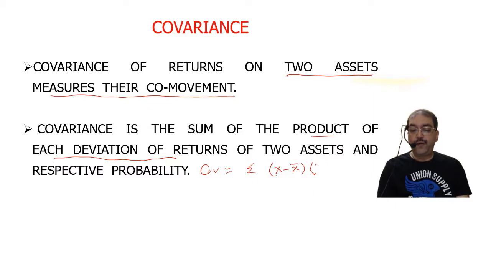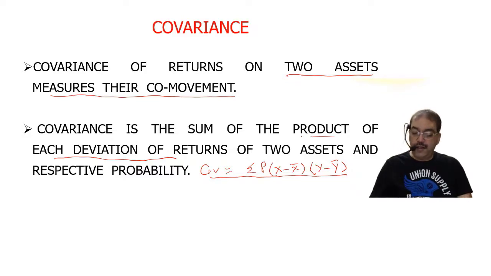Second security is Y, so Y minus Y bar. Product of each deviation of returns of two assets and the respective probability, multiplied by P. So what is my formula for covariance? Summation of P into X minus X bar, deviation of X from its average returns, into Y minus Y bar, deviation of Y from its average returns. So product of each deviation of returns of the two assets and their respective probability.